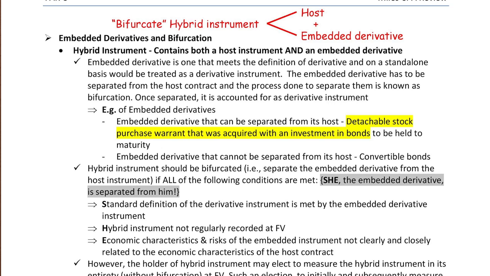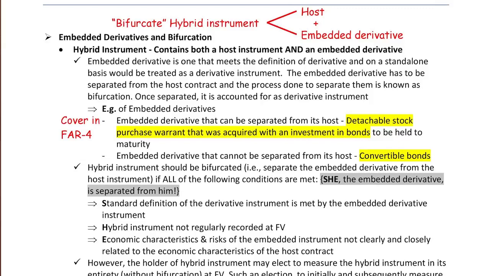The detachable stock warrant, that's the embedded derivative. And we're going to cover these stock warrants in FAR-4. Now, you could also have embedded derivative that cannot be separated from its host. For example, highlight convertible bonds.